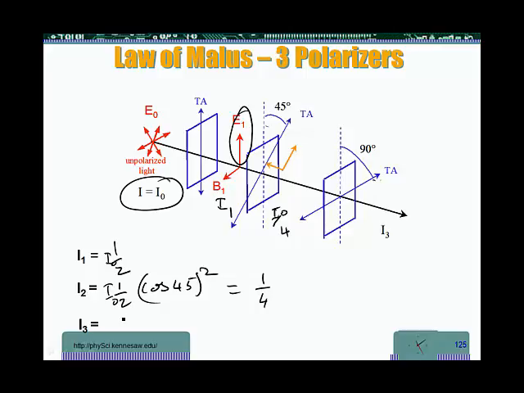So my I3 is going to be I2 cosine of 45 degrees squared. So it's going to be I2 over 2, and then I2 is equal to I0 over 4, so it's going to come out to be I0 over 8. So I3 is I0 over 8 in this particular case.